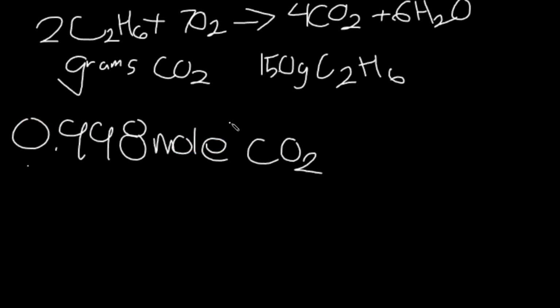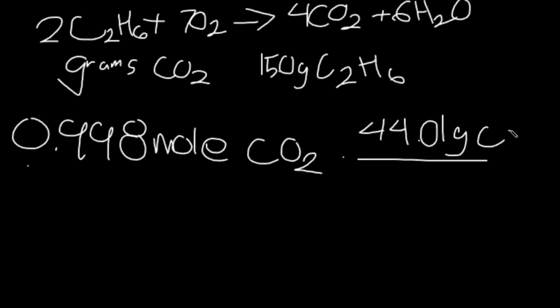Now, this is the last step. Remember a while ago where I put moles over molar mass? This time, since we're converting to grams, we need to multiply this by the grams of CO2, which is 44.01 grams of CO2 over 1 mole of CO2.